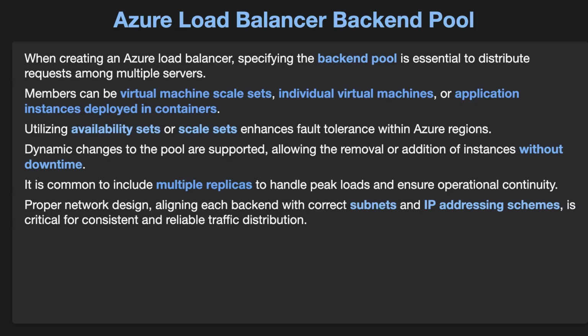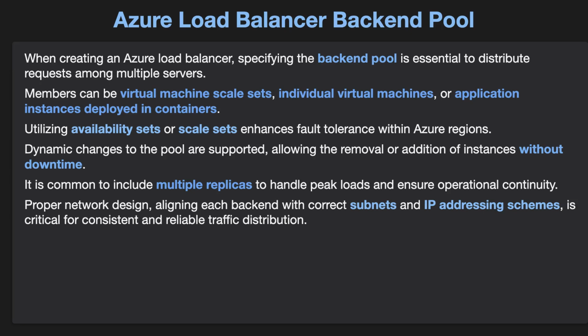When creating an Azure load balancer, specifying the backend pool is essential to distribute requests among multiple servers. Members can be virtual machine scale sets, individual virtual machines, or application instances deployed in containers. Utilizing availability sets or scale sets enhances fault tolerance within Azure regions.